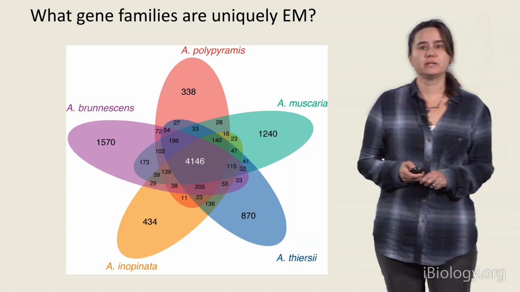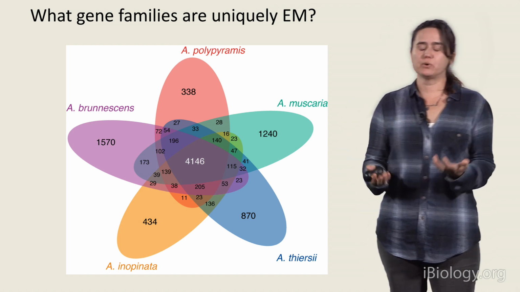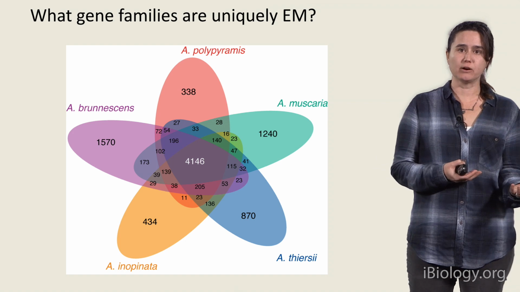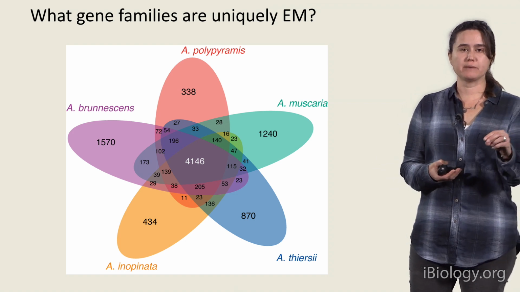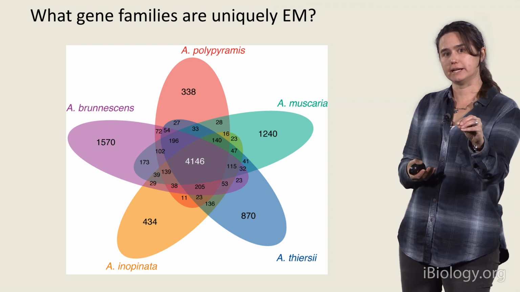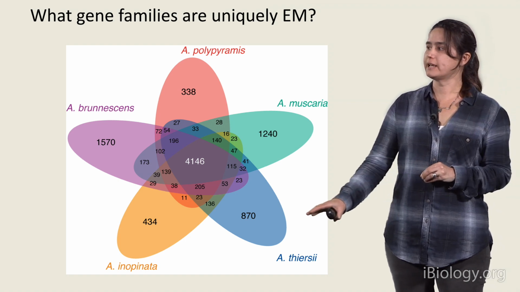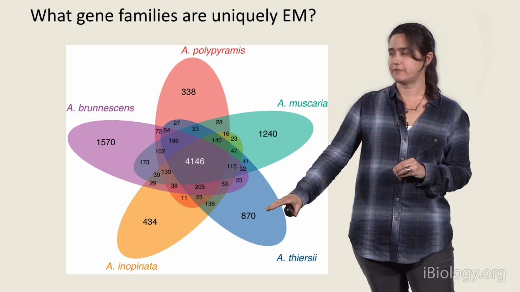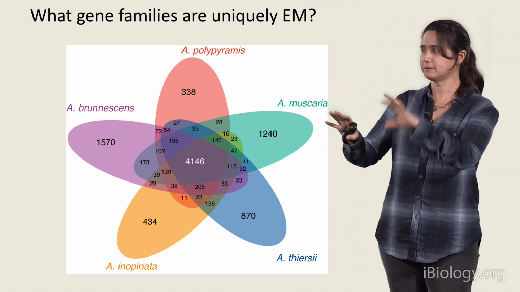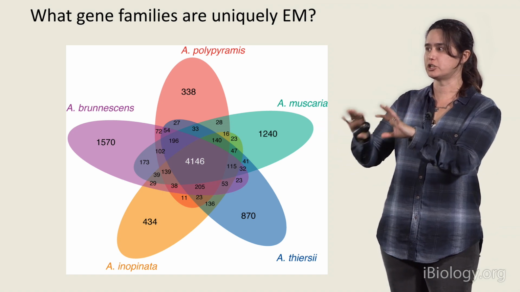Another way then to think about these data is, okay, well, we still have 3 species that are ectomycorrhizal and 3 species that aren't. What gene families are only found in the ectomycorrhizal lineages? And here what you're looking at is sets of gene families for the different species, and I've overlapped them in a way so you can see what's shared or not shared.